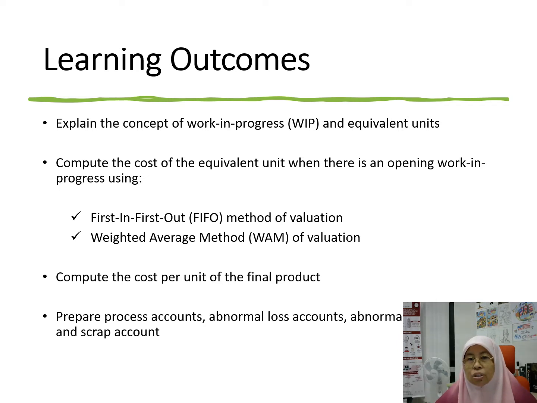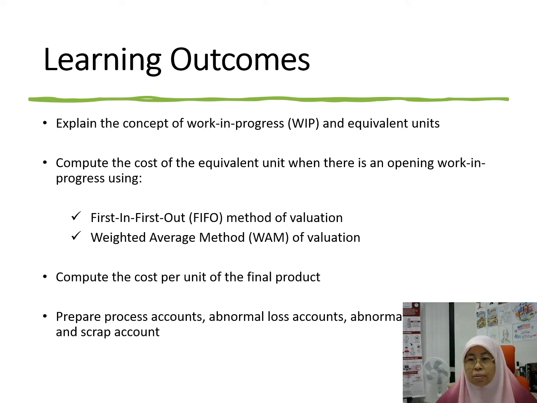Today we'll continue with the concept of work in progress, where usually there will be opening work in progress and closing work in progress. We'll also calculate the equivalent units, which equal the degree of completion of the work in progress, and compute the cost of equivalent units when there is an opening work in progress.